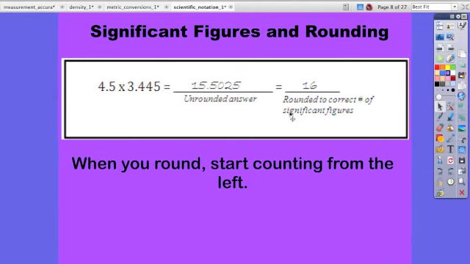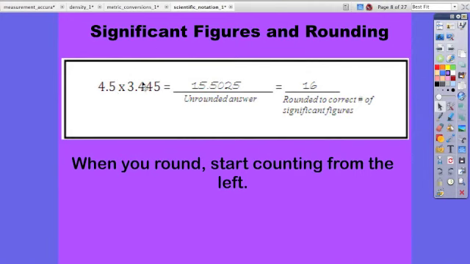Rule number 1 says that when multiplying and dividing, limit and round to the least number of significant figures in any of the factors. So we're multiplying here. We have 2 significant figures. We have 1, 2, 3, 4 significant figures. Our answer should have the least number of significant figures. In this case, it is 2.